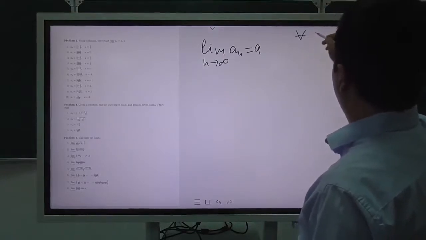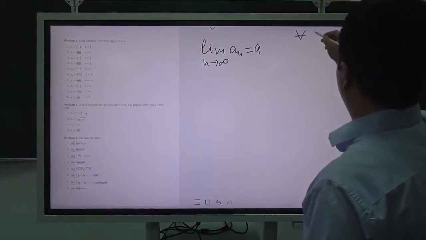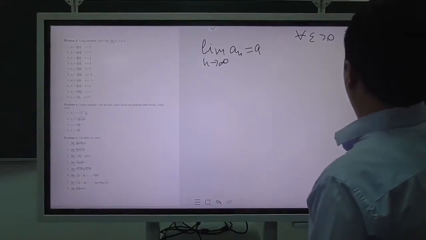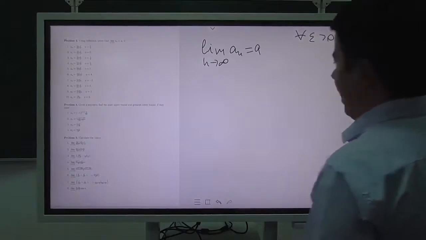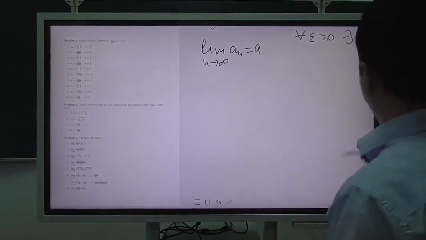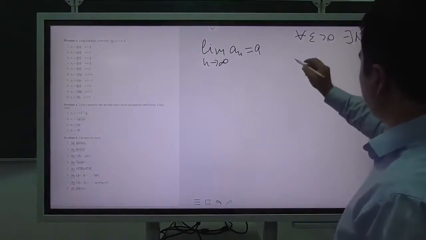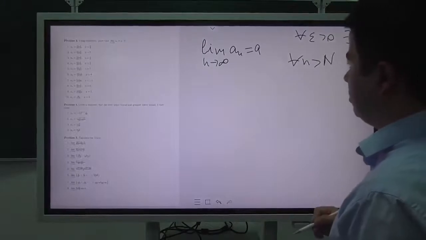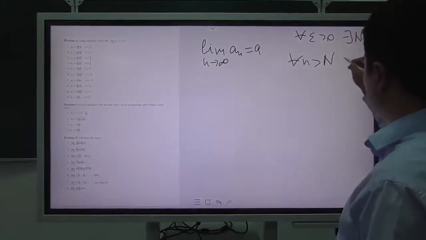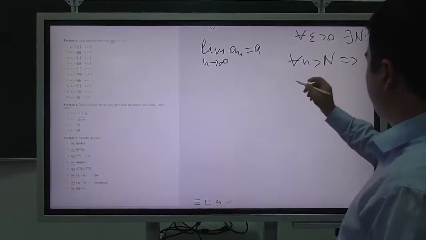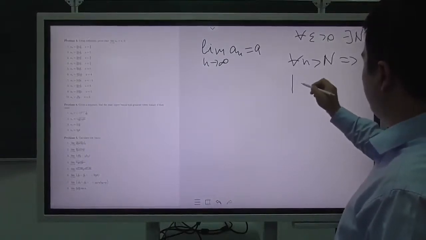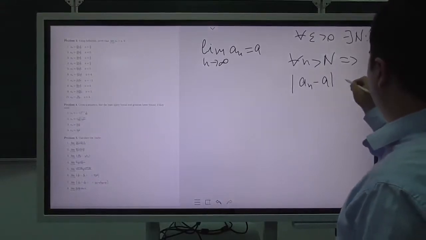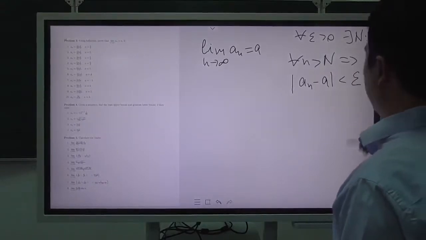For any epsilon greater than 0, there exists a number capital N such that for all n greater than N, this number satisfies the following inequality: absolute value of an minus a is less than epsilon.